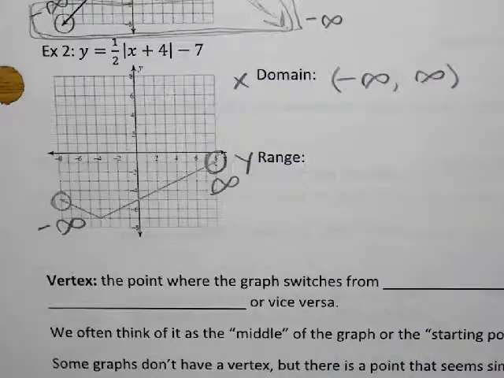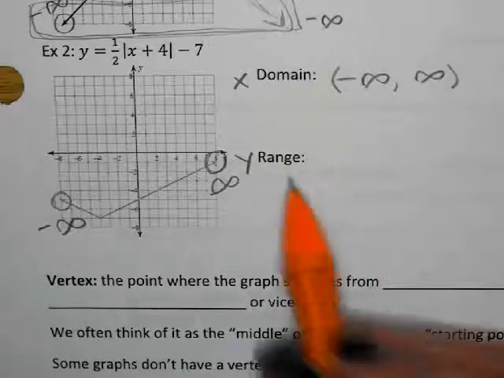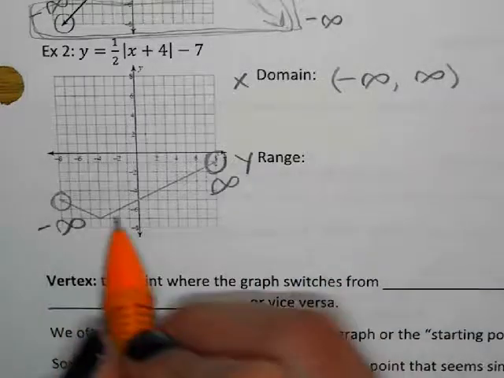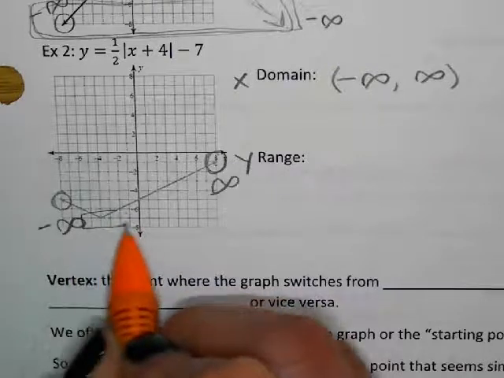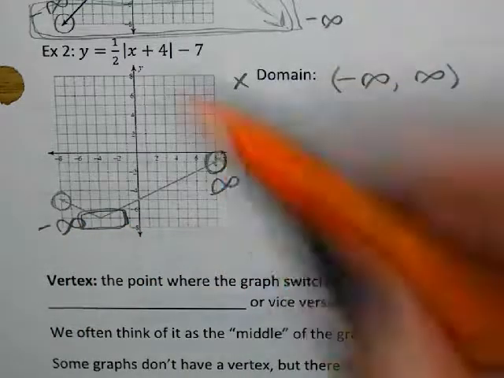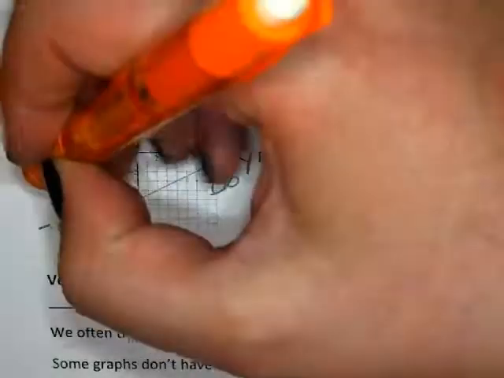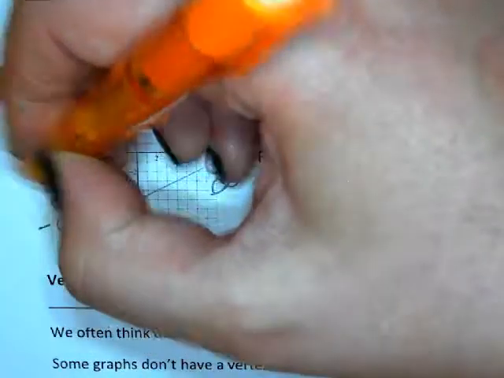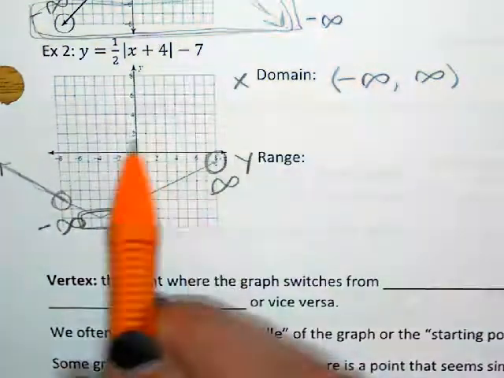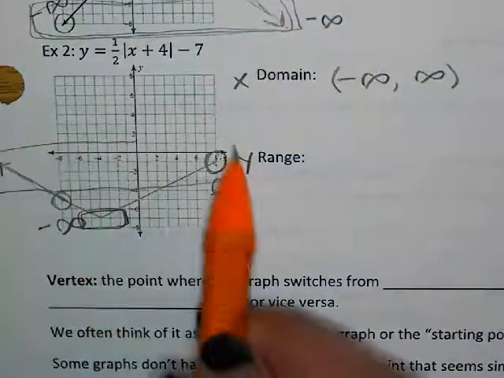Okay, now let's go ahead and do the range. We're going to look from the bottom of the graph to the top of the graph. The bottom of the graph is this part right here. That's the vertex. The top of the graph, they don't really end in the same spot, so I'm going to kind of draw that side up a little bit. Okay, so the top of the graph is right here.